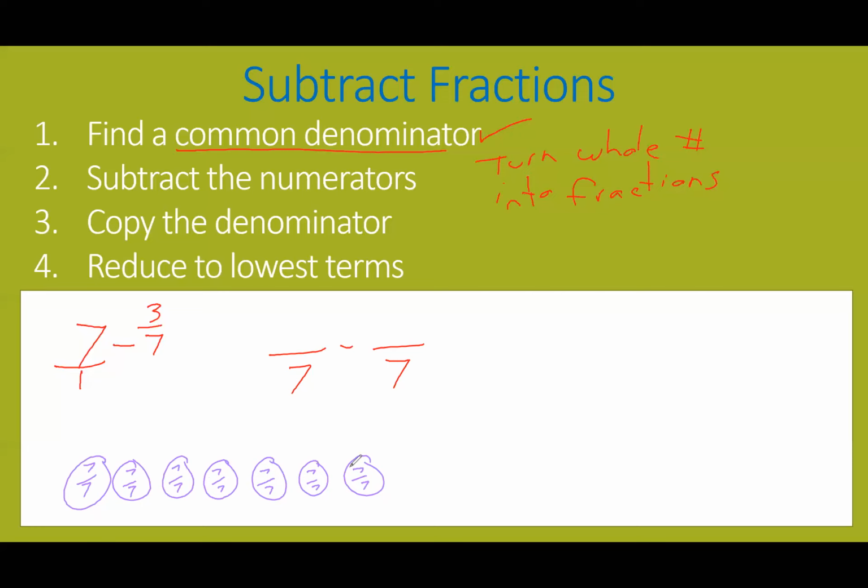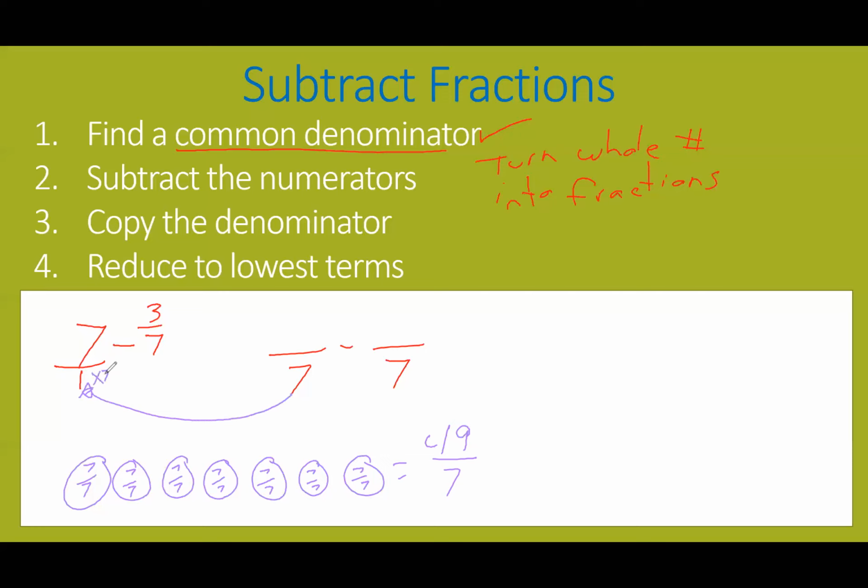And what is 7 times 7? 7 times 7 is 49. So these 7 pizzas are 49 sevenths. And how I can say that is, how do I jump from 1 to 7? I did multiply by 7.